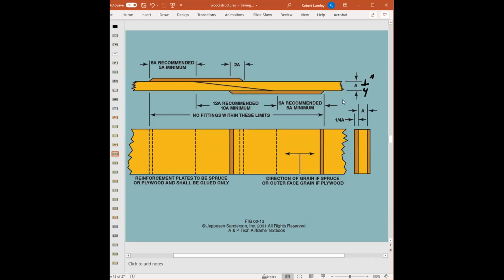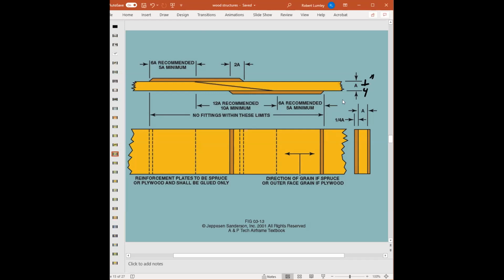So what are we doing? We're gluing them together, but we want to support the area. So we use thin layers of wood that we glue onto the sides. And this is where possibly nails would be used, once again, to keep pressure so that the glue dries.